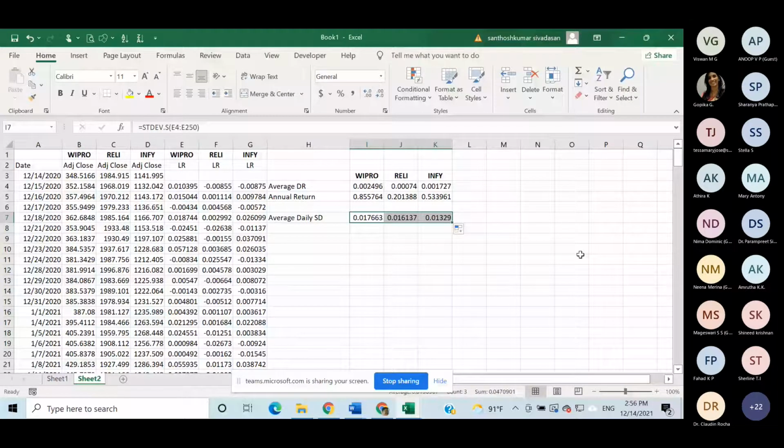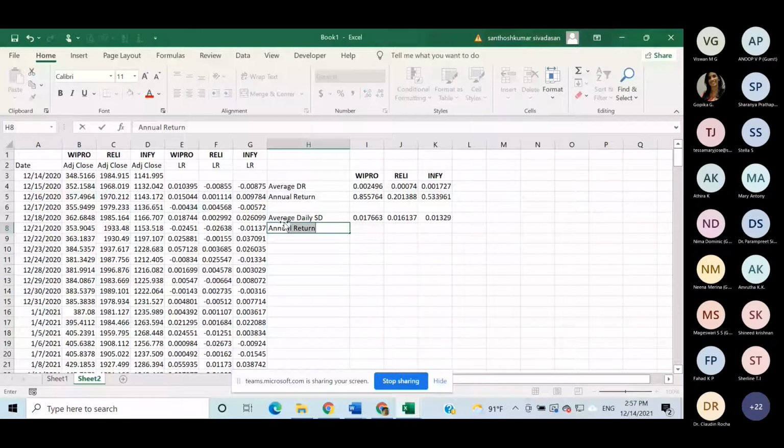So you have to annualize it. Annual SD is equal to daily into square root of trading days, 248.